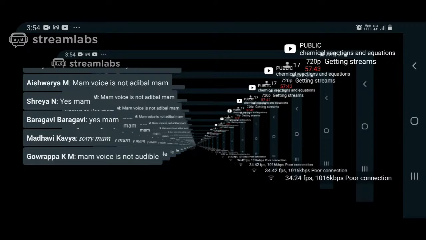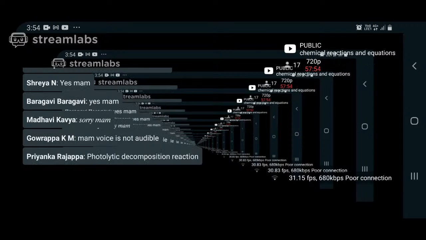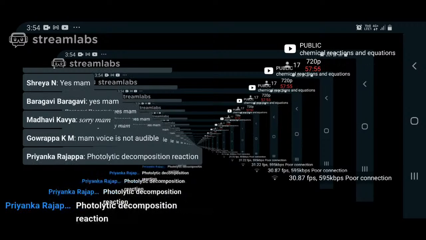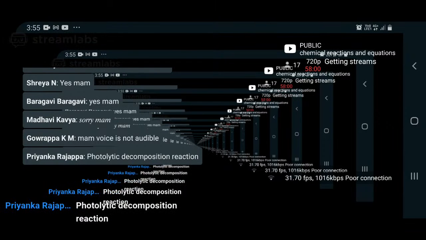That is, silver chloride undergoes a photolytic reaction to form silver and chlorine gas, and this is called photolytic decomposition.